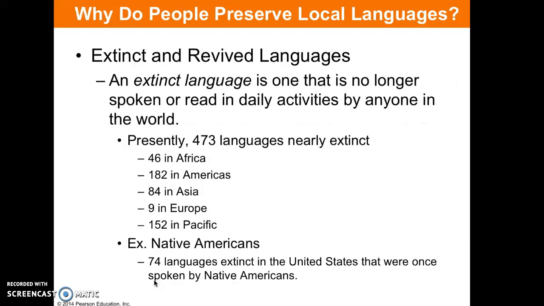An extinct language is one that's no longer spoken or read in daily activities by anyone in the world. So there are 473 languages that are classified as nearly extinct, and hundreds of extinct languages that we don't even know about have gone extinct. So these nearly extinct languages are endangered languages, right?